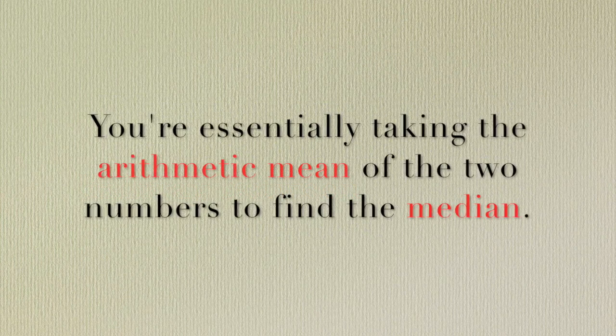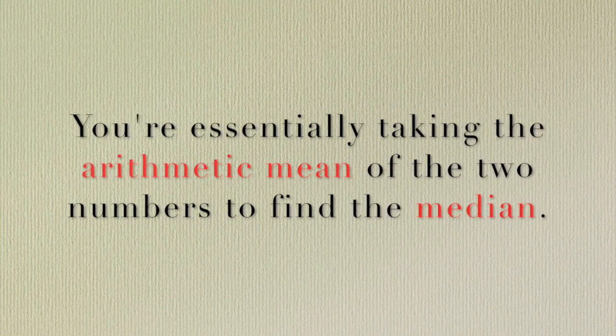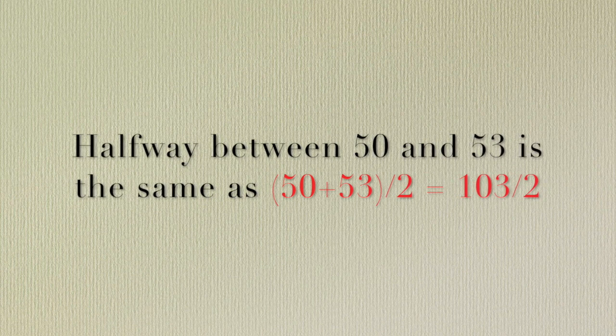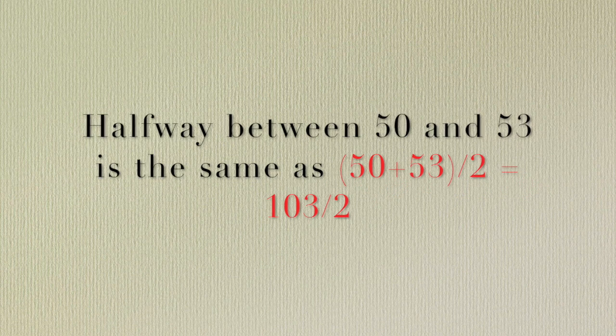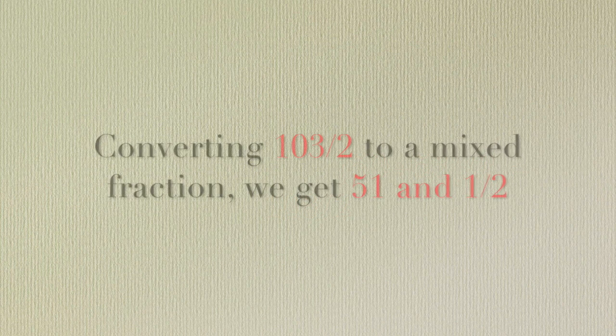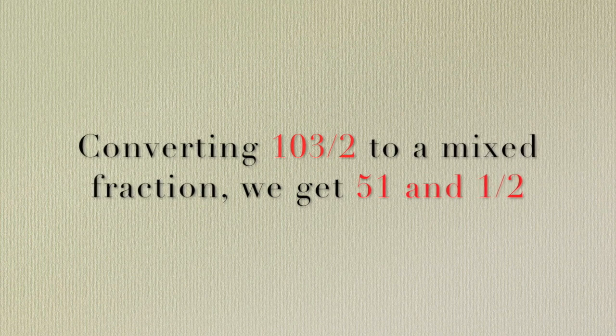You're essentially taking the arithmetic mean of these 2 numbers to find the median. So the median is going to be halfway between 50 and 53, or 50 plus 53 all divided by 2, which is 103 divided by 2. If we convert that to a mixed number, we get 51 and 1/2.